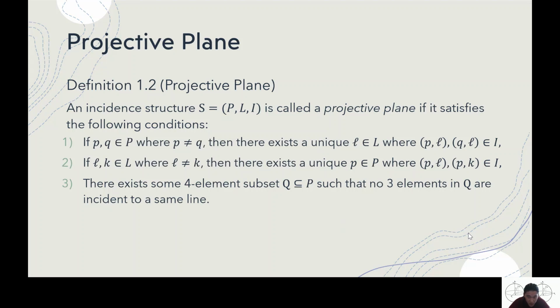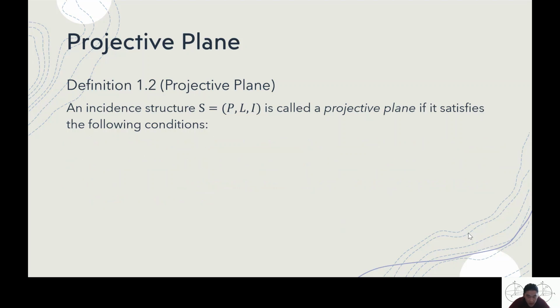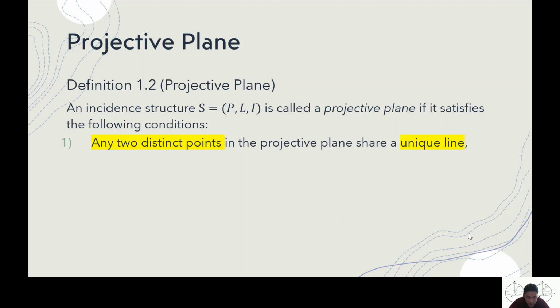So here's our formal definition of the projective plane laid out again as such, and we can very easily recall these axioms using our shorthand notation given here. Again, first, any 2 distinct points in the projective plane share a unique line. We can remember this as unique collinearity.